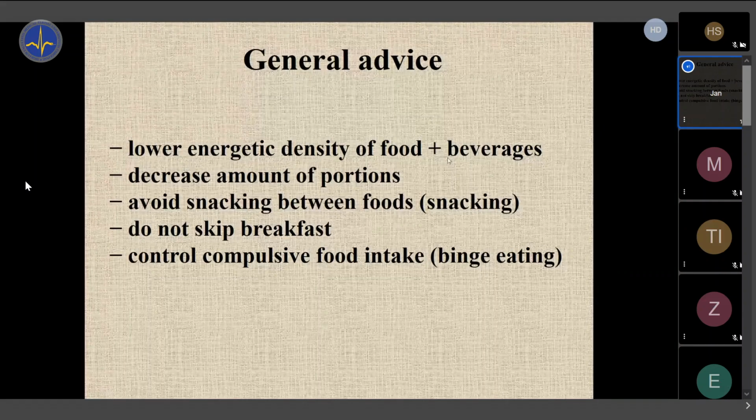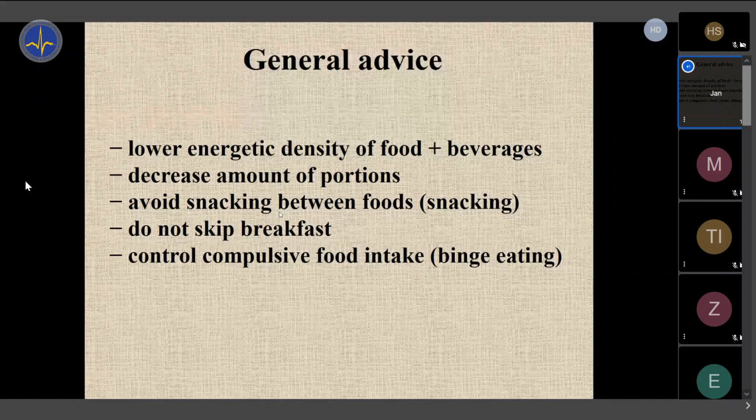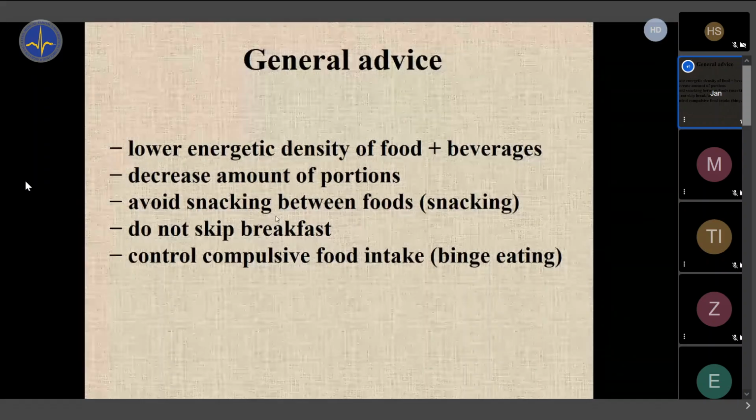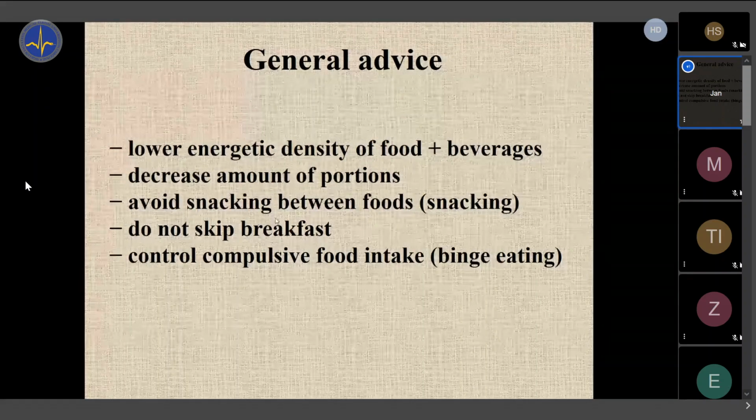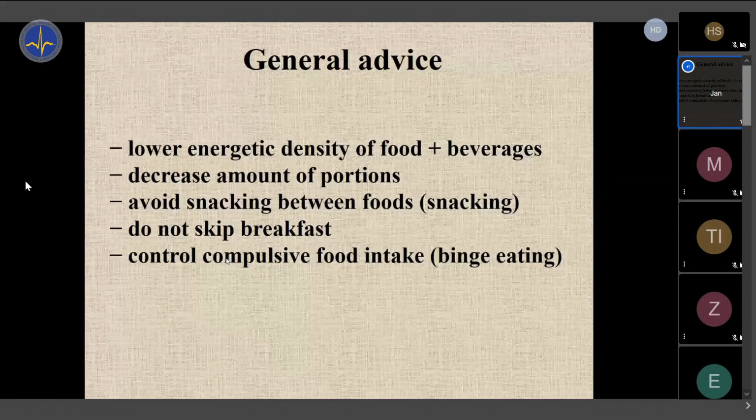That's nearly forbidden, so to say. Decrease amount of portions, include breakfast, very important. Including breakfast has been found repeatedly as a risk factor or helping factor number one. Breakfast really helps to control the food behavior during the day.